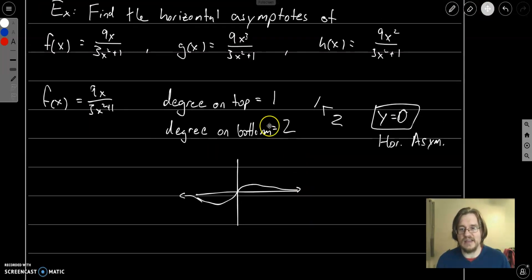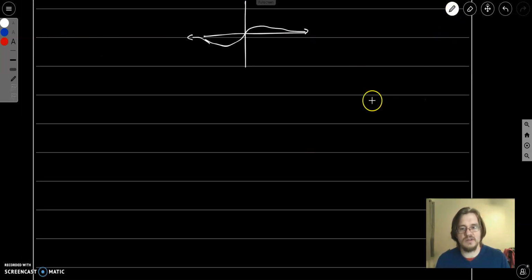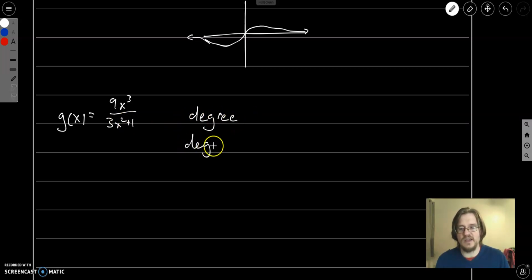And let's look at the next one, g of x. Now we have 9x cubed over 3x squared plus 1. The only thing that has changed is the top of the fraction. Again, we just want to compare the degree of the top of the fraction to the degree on the bottom.